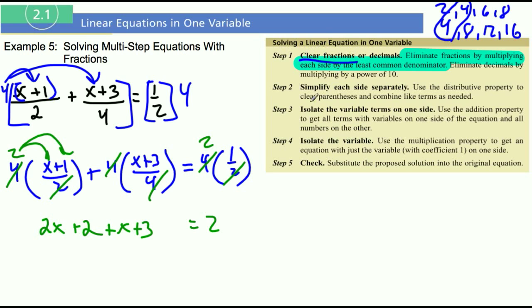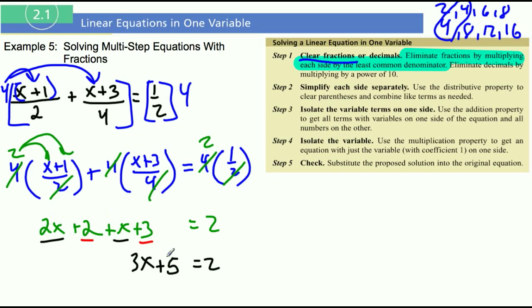Bam. Step 2, simplify each side separately. So if I want to simplify this side, I can combine my terms. I can combine my 2x and x, which gives me 3x, and I can combine my 2 and 3, which gives me 5. So see what I just did right now?